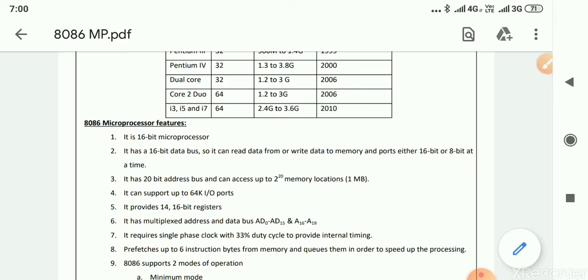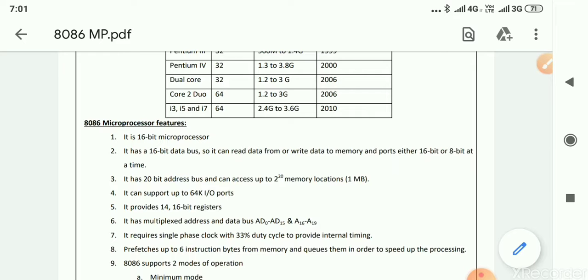The flag register in 8086 is 16 bit, and the number of flags in 8086 is 9. The input and output ports are 16 bit, and the word size is 8 bit, meaning at a time the word we can access is 8 bit.